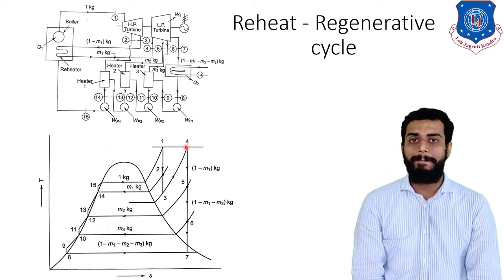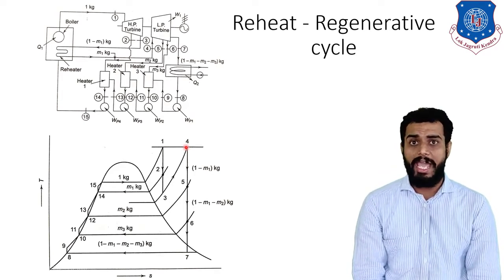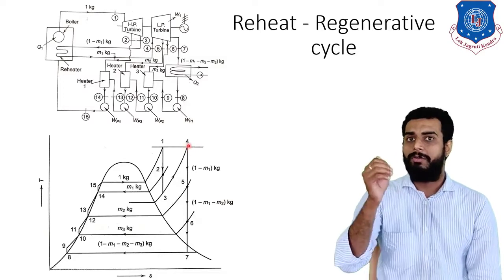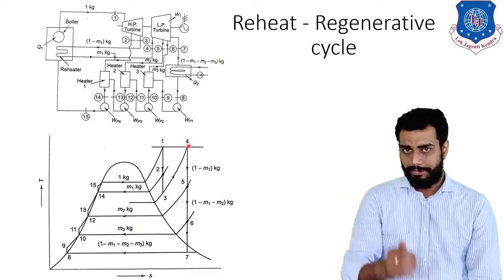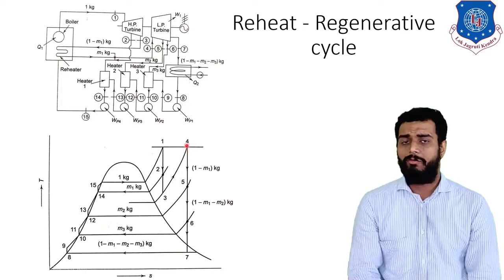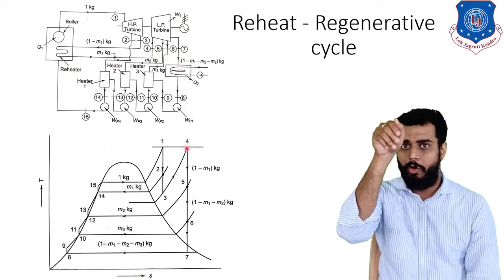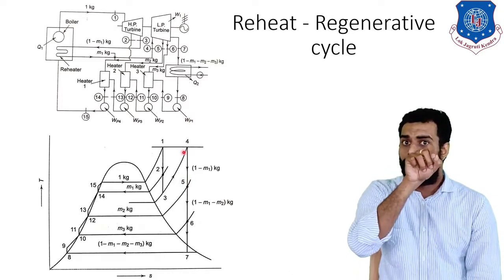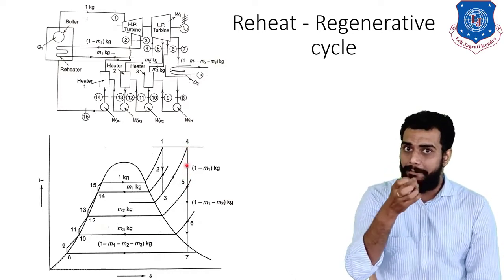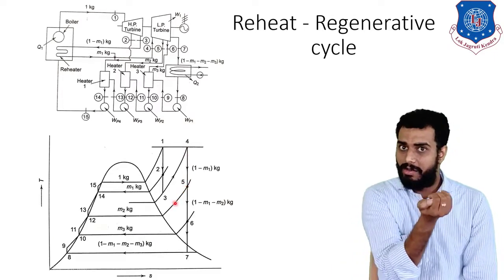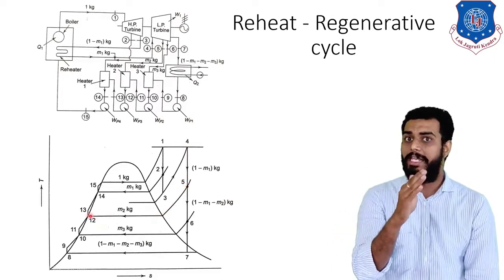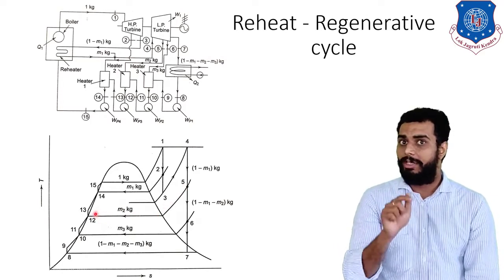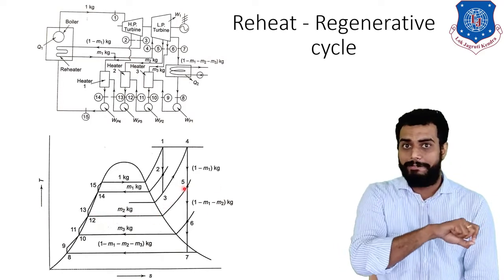Okay, so now what will happen? At the low pressure turbine, you have superheated steam at T4 temperature. Okay, so now it will be expanded in the low pressure turbine. So now what will happen? As you can see, from 4 to 5. So at intermediate stage of the low pressure turbine, at point 5, we will extract m2 kg of steam, that is at somewhat lower pressure than the reheat pressure, right? So now what we are left with? Now we are left with 1 minus m2 minus m3 kg of steam.